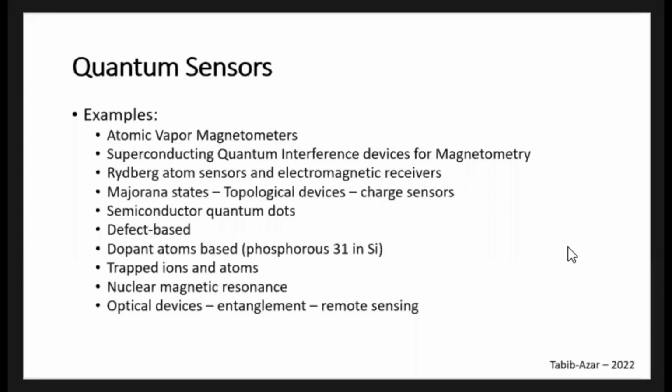So tin-vacancy is a subcategory of defect-based, and phosphorus-31 has been there for a long time, and people are developing it as a qubit for quantum computers. And trapped ions is another example.